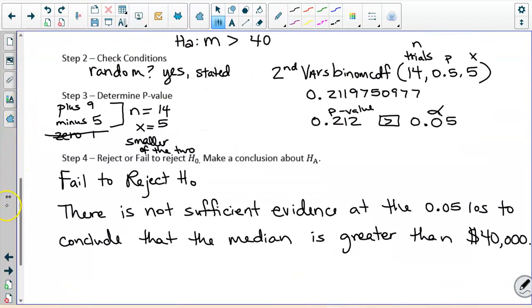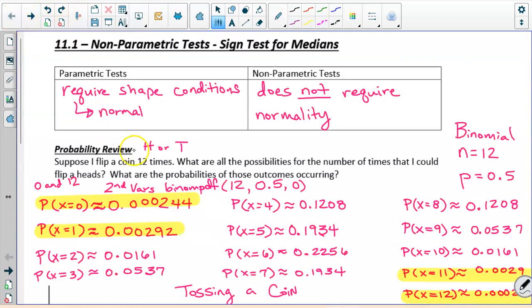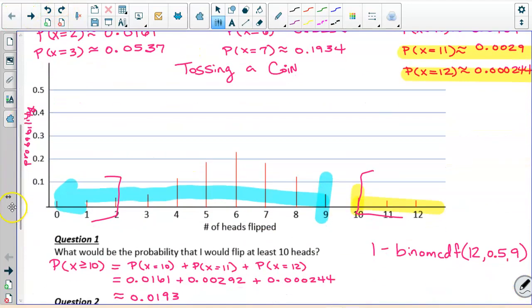Let me say this one more time because it was the one thing that I kept being like, because we did it all first semester and with every other type of test, okay? If you have greater than here, for all the previous tests, we had to do 1 minus, okay? But for this one, because you always use the smaller number here, and because the binomial distribution is symmetric, we don't have to do 1 minus it.